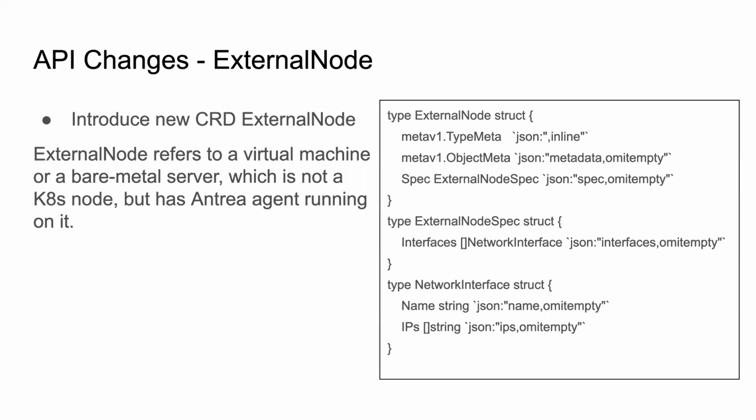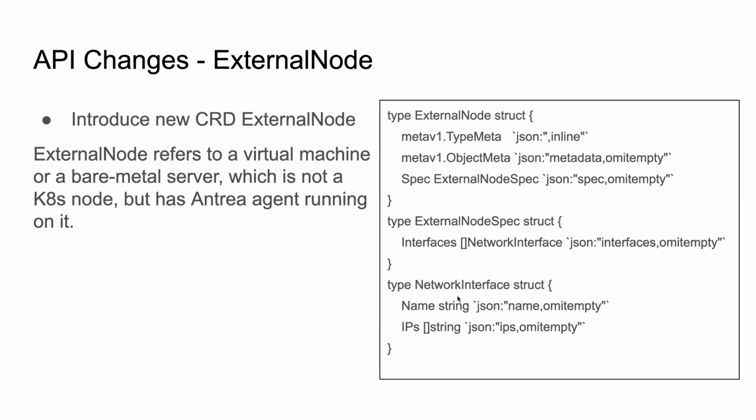The first one is we want to introduce a new CRD called external node to represent the virtual machine or the bare metal server, which is not a Kubernetes node, but has Antrea agent running on it. This is the definition for the proposed CRD. In the external node spec, we will define the network interface. For the network interface, you can specify name and IPs, or either of them.